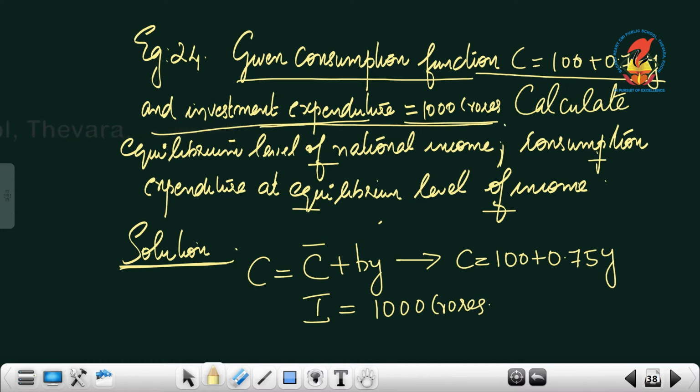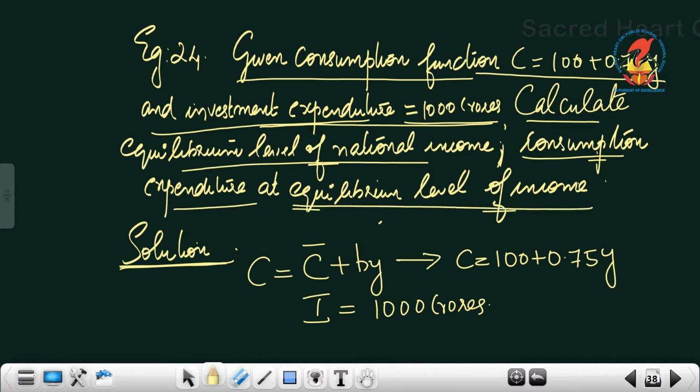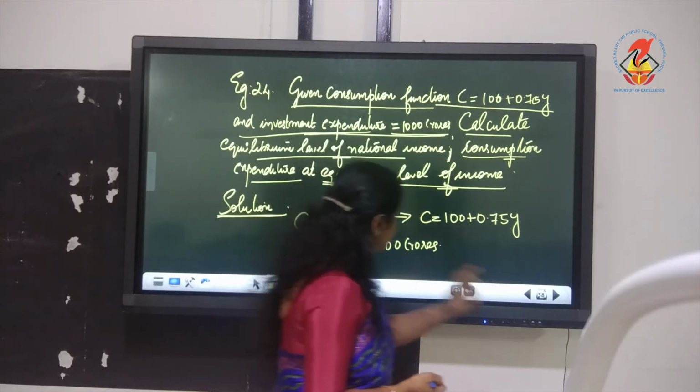What are you asked to find out? Calculate equilibrium level of national income, and consumption expenditure at equilibrium level of income. You are asked to find out two things.